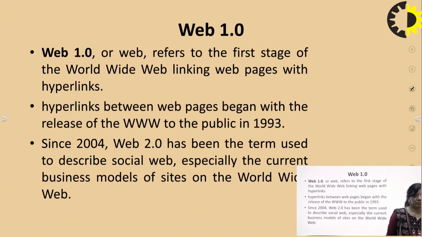Now, the first version of the web is defined as Web 1.0. Web 1.0 refers to the first stage of the World Wide Web, linking web pages with hyperlinks. Hyperlinks between web pages began with the release of the WWW to the public in 1993.